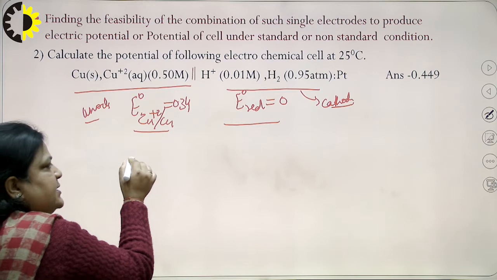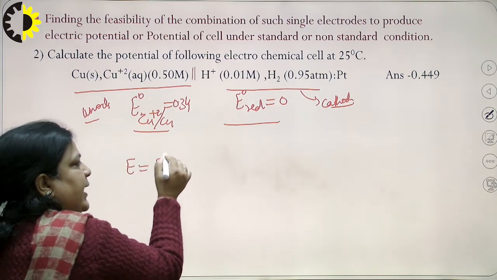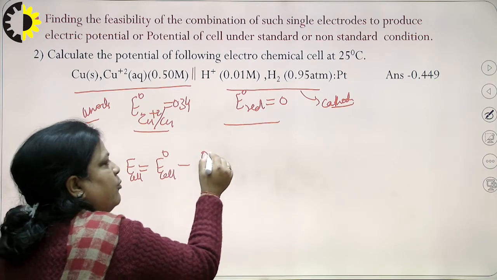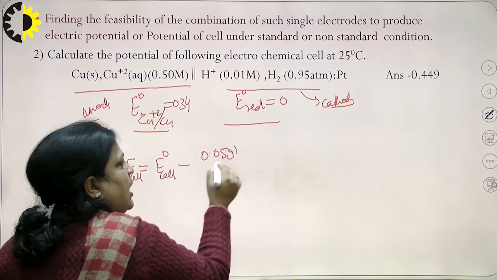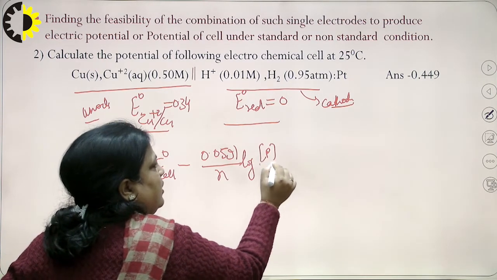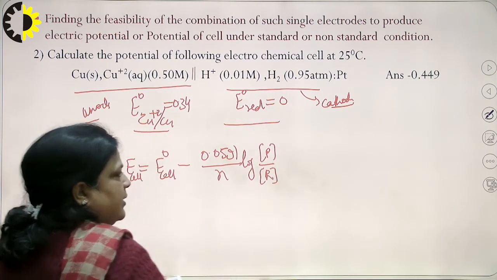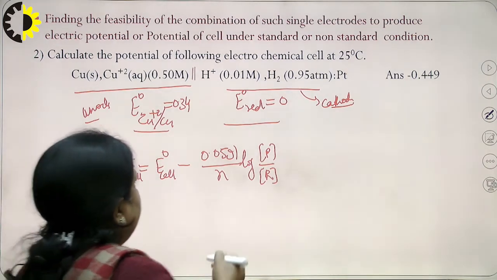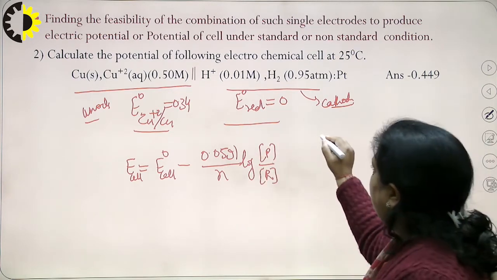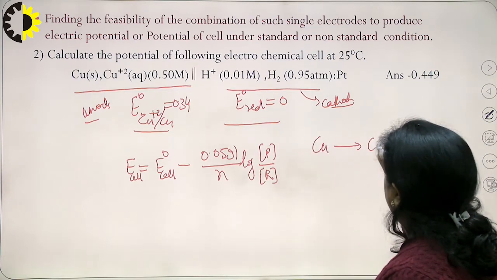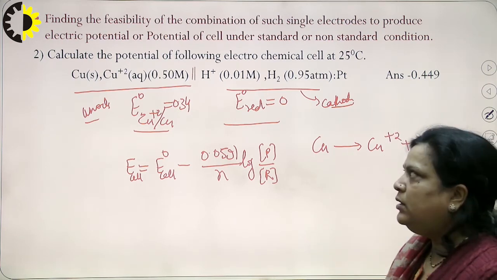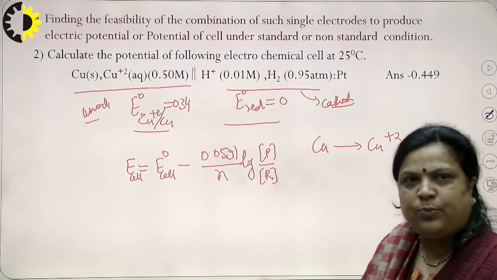The Nernst equation is E cell is equal to E naught cell minus 0.0591 upon n log of concentration of product divided by concentration of reactant. So, if the cell is given, we have to take this condition. Copper gives copper plus 2 electron, because oxidation acts as anode, and the concentration of Cu plus 2 is 0.5.